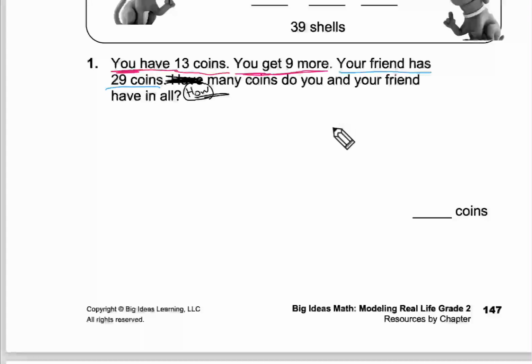So here we need to find what you have first, then add it to what is with your friend. So the first step is finding what you have. 13 plus 9. This is you. And after that, we will add 29.